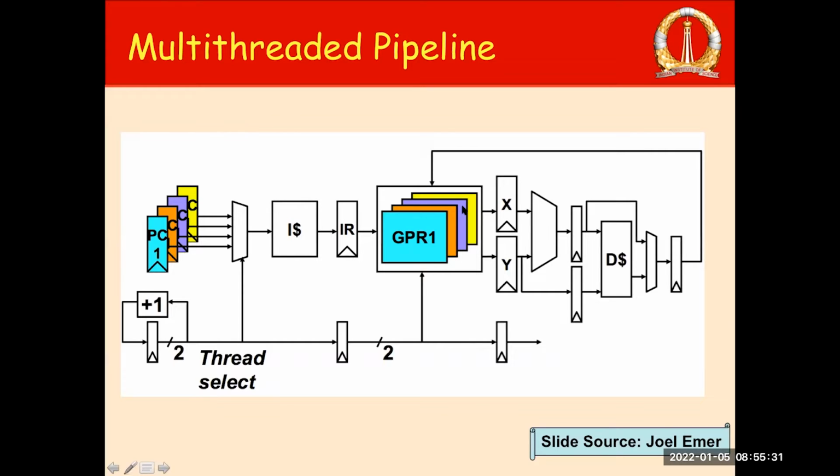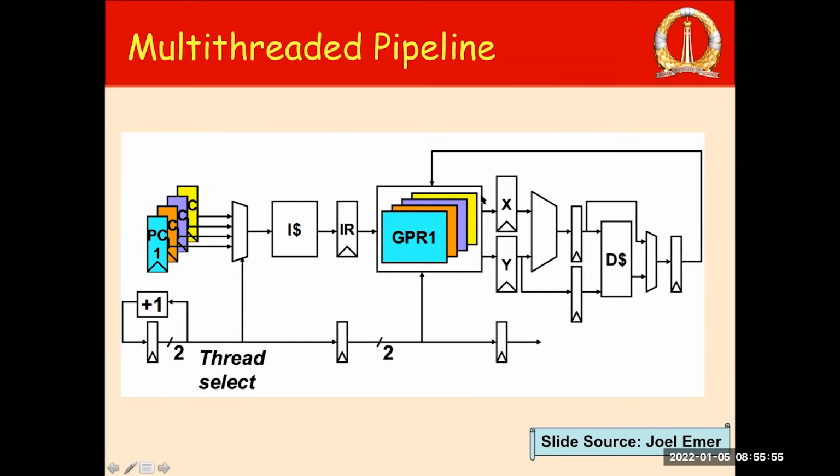Now, because you have multiple threads, you essentially have multiple register files, right? Each thread having its own set of register files. Then the instruction execution is performed. If it has to write into the cache or read from the cache, then it actually reads the value from the data cache, which is dynamically shared across all of these threads.